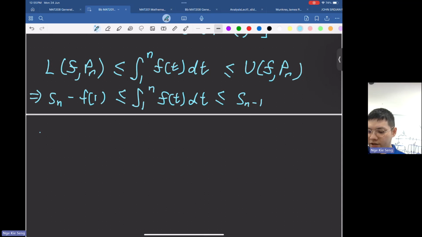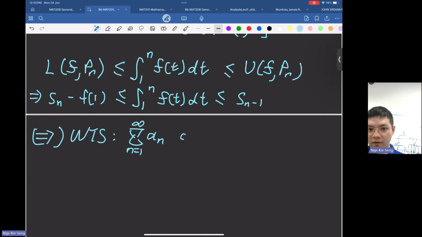So let's do one direction. Which direction? Let's prove that, we want to show that if the integral converges, it implies that the infinite series converges.